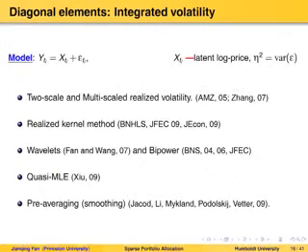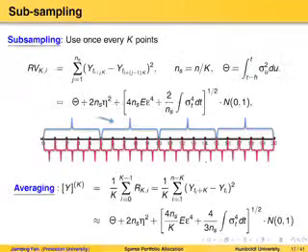Let me do the most elementary one because that's easier to communicate, which would be the two-scale realized volatility method. This is the idea of realized volatility, which is really just the difference between two observations. Just taking the consecutive difference squared, or if you do subsampling, you take once every, let's say, 5 data points, right?